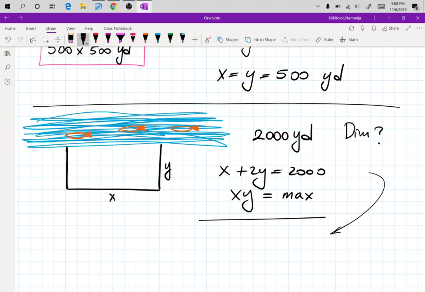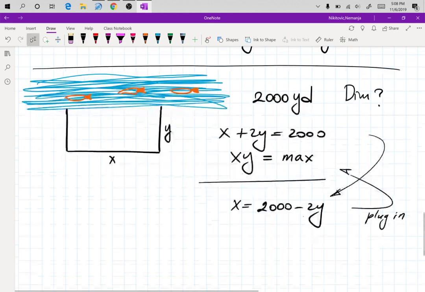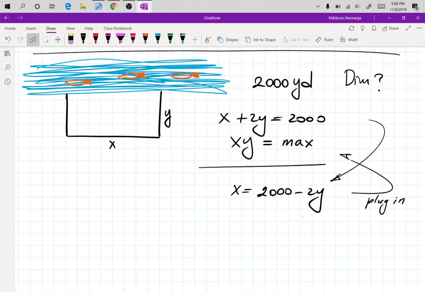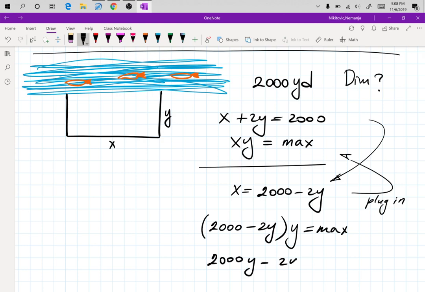So we're going to take our constraint and say x equals 2,000 minus 2y, and then we're going to plug that into our objective function to get 2,000 minus 2y times y equals a max, and now you'll have 2,000y minus 2y squared equals a max.